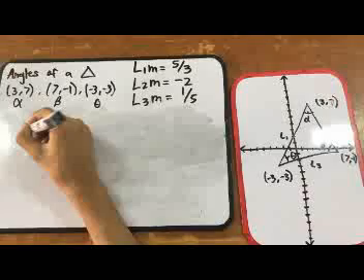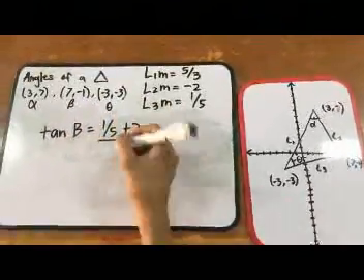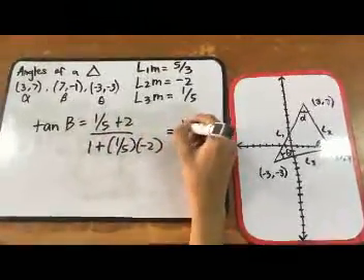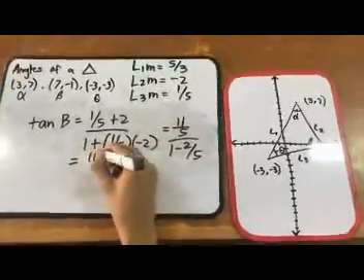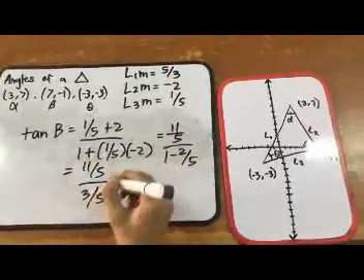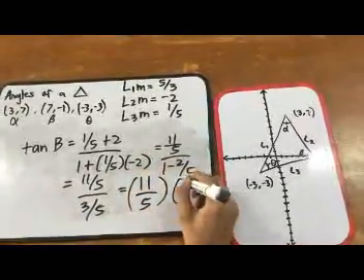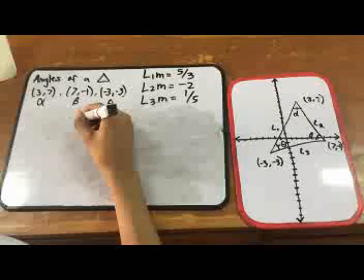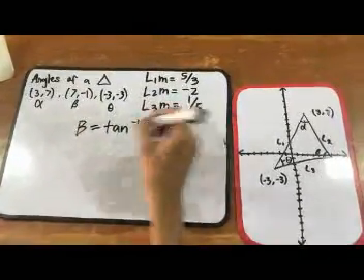It's negative, so just use the absolute value. Now for tangent beta, we substituted the values for line 3 and line 2. Do the same procedure as you did for alpha, and you got 11 over 3. So use the arctangent to get the degrees.